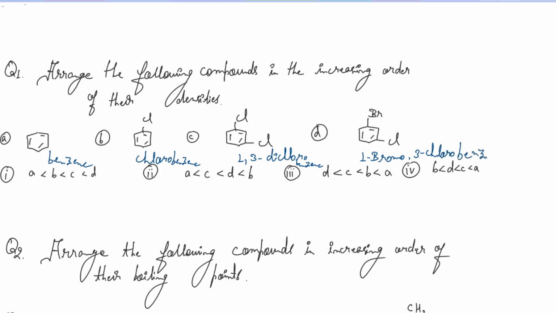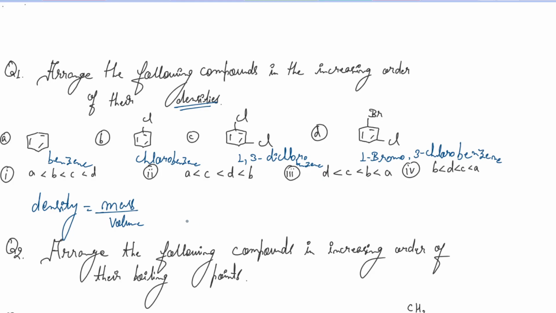So in these compounds, we just need to compare their densities. What is the concept of density? Density is explained as mass by volume, meaning how much mass is present in a particular volume.